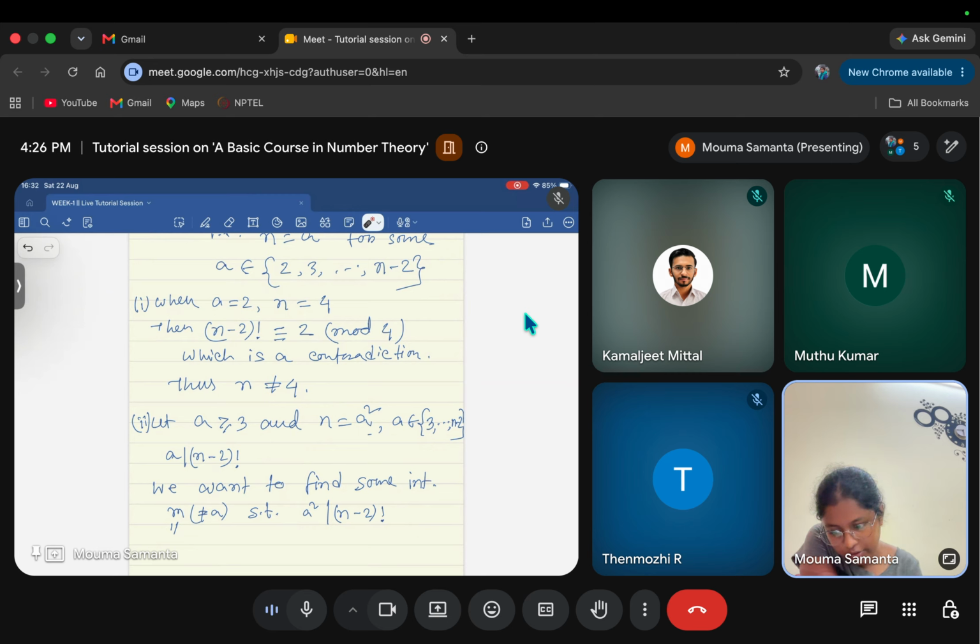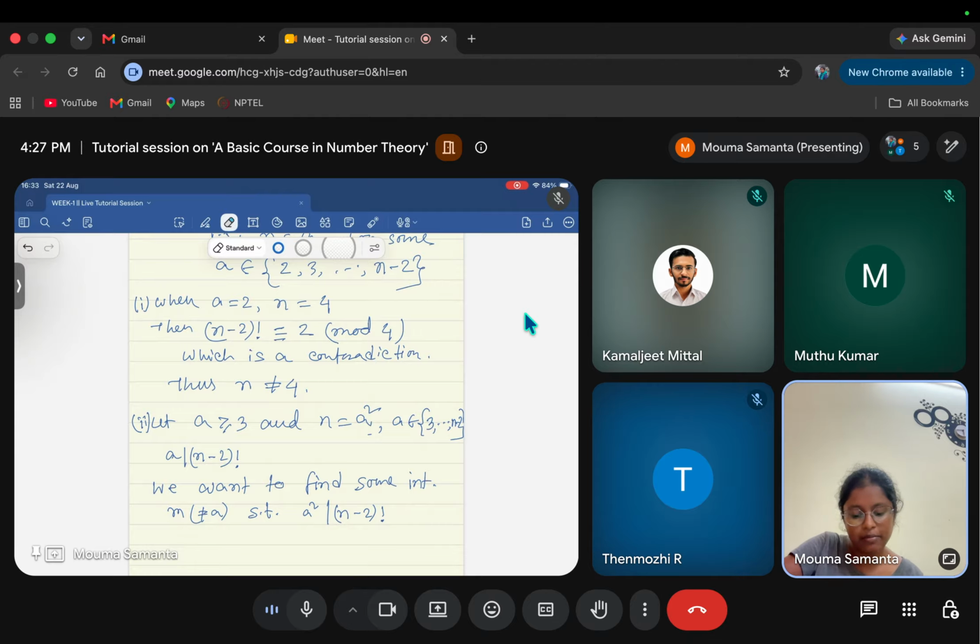I think I should tell it more clearly. My final aim is to show n minus 2 factorial cannot be congruent to 1 mod n. So in this approach we are trying to show that n is actually dividing n minus 2 factorial. That means n minus 2 factorial is congruent to 0 mod n.